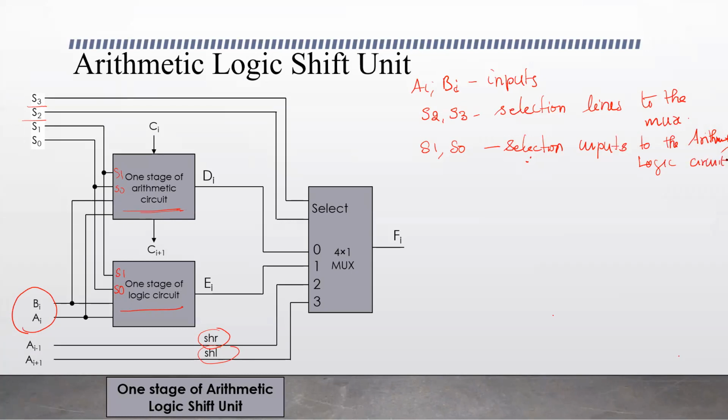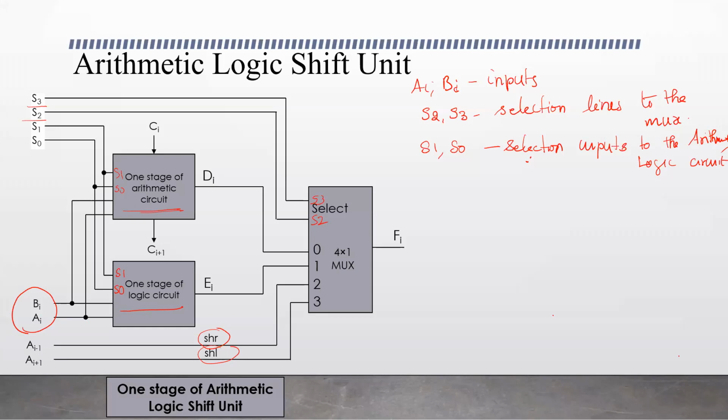S1 and S0 are the selection inputs to the arithmetic and logic circuits, and S3 and S2 are the selection inputs to the multiplexer. Yes, AI and BI are the two inputs.